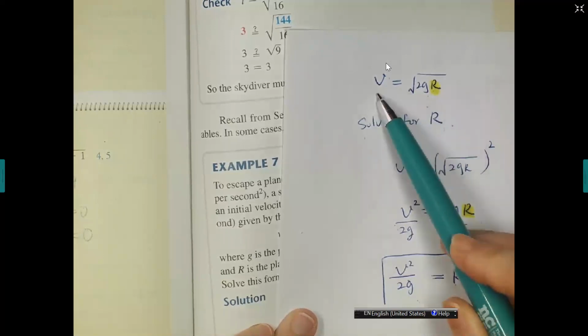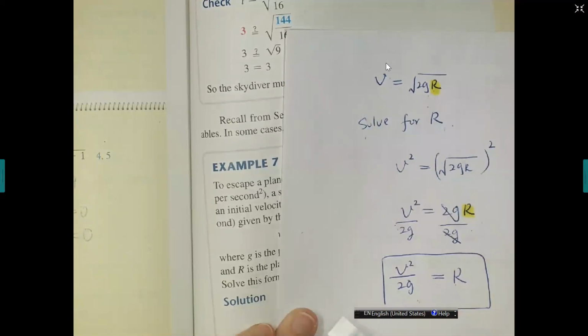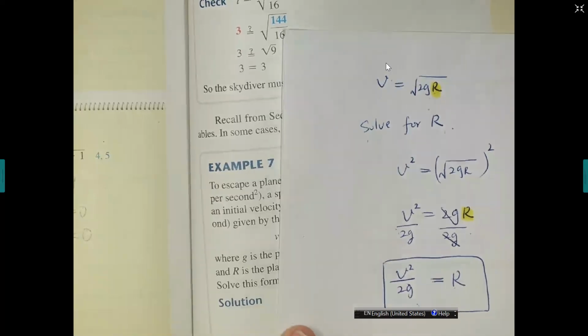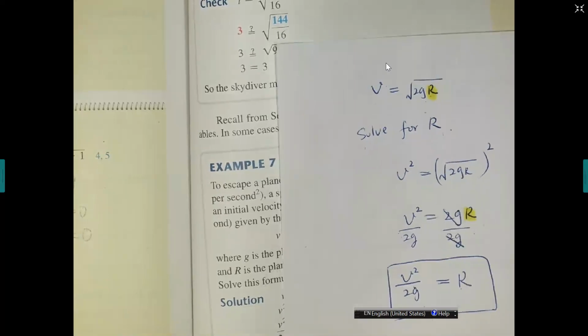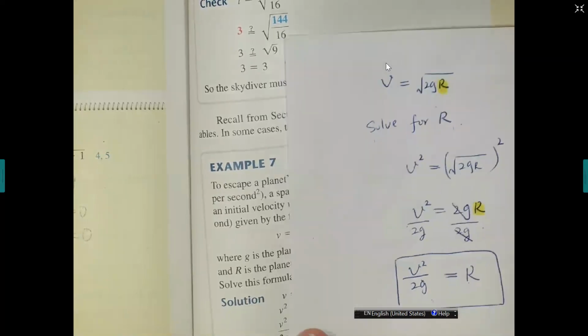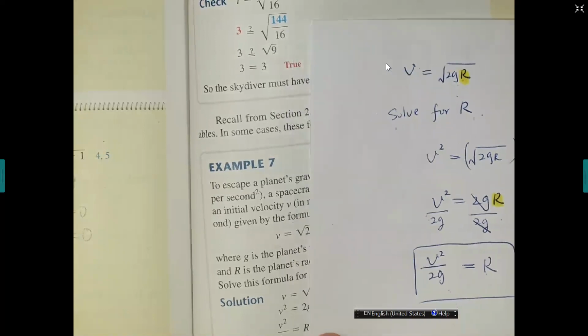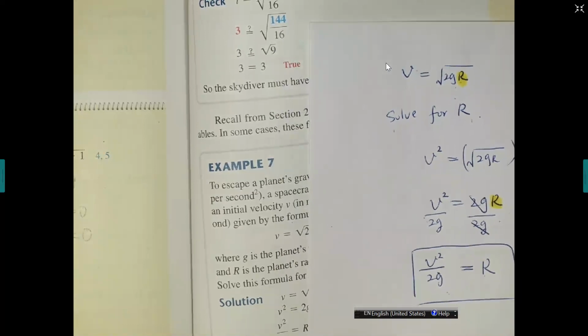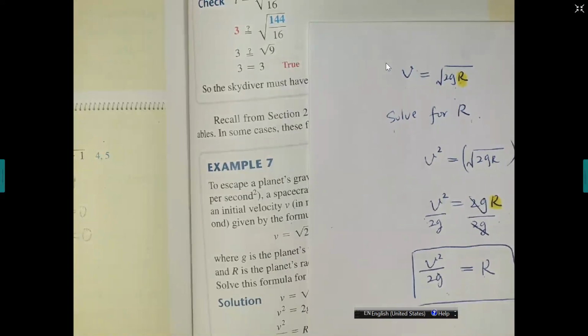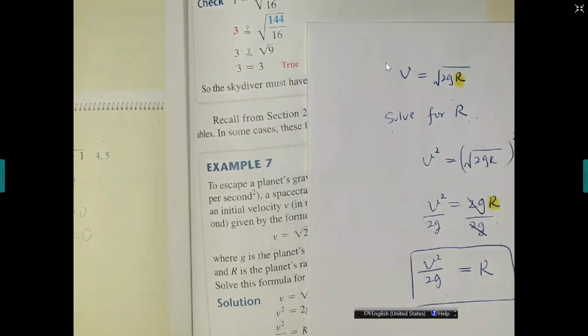All the other letters, just treat them as regular numbers. That is called a literal radical equation. It's very similar to what we have done before. After we remove the radical symbol, we'll have a linear equation, a quadratic equation, maybe a rational equation, and we just use what we learned before to solve for that unknown. Okay, I think that's what I want to share with you today.